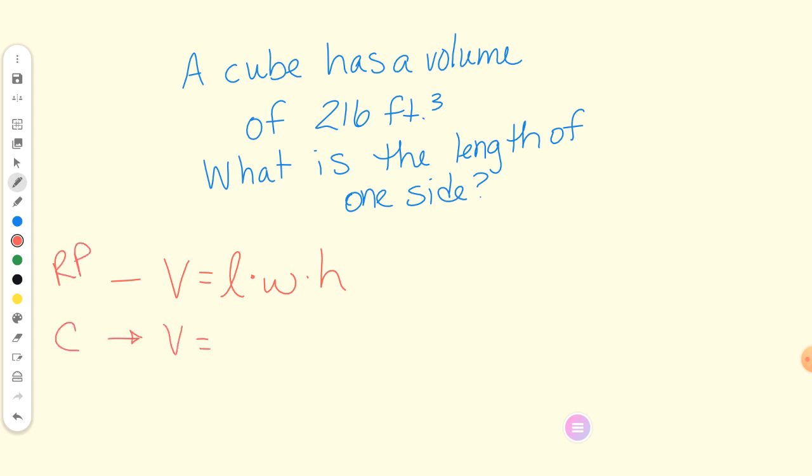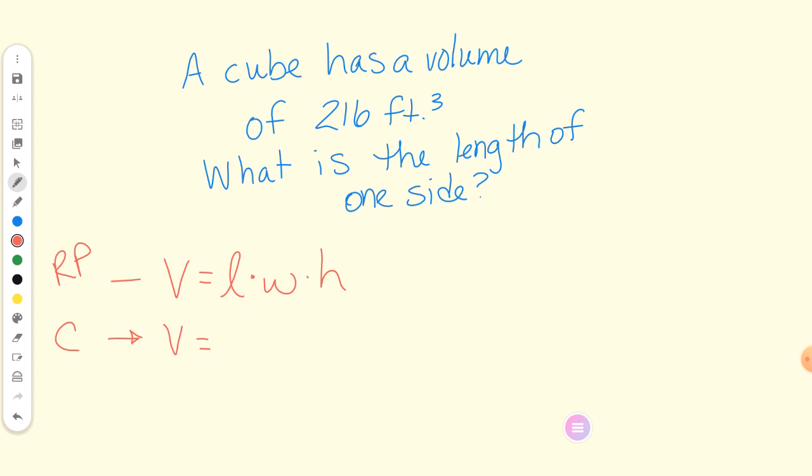Who thinks they know what the formula for volume of a cube is? We haven't talked about it. Volume of a cube. Owen? Maybe 1 times. Chase?